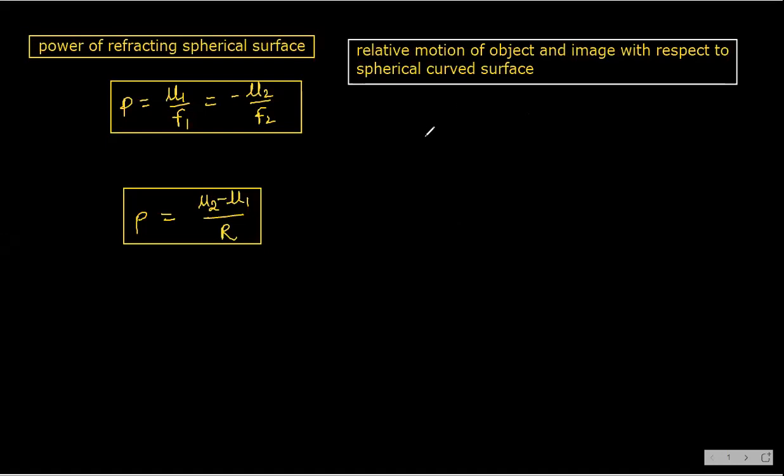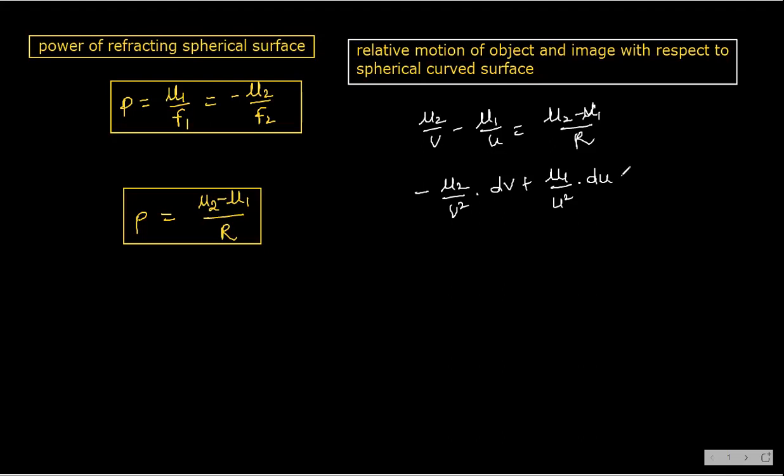So see, in the mirror part we have learned vi is equal to something into vo. Same thing here also. Mu2 by V minus mu1 by U is equal to mu2 minus mu1 by R, and on differentiating this, what you will get? Minus mu2 by V square into dV plus mu1 by U square into dU is equal to 0.